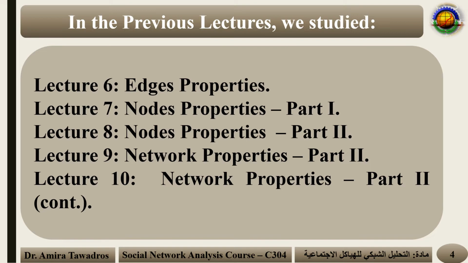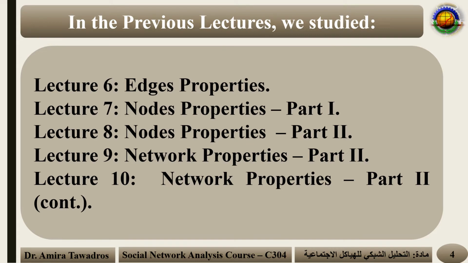So we have 5 measures in this lecture: degree centrality for undirected networks, in degree centrality and out degree centrality for directed networks, and then we studied betweenness centrality, which is another totally different notion of centrality, and then we studied eigenvector centrality.